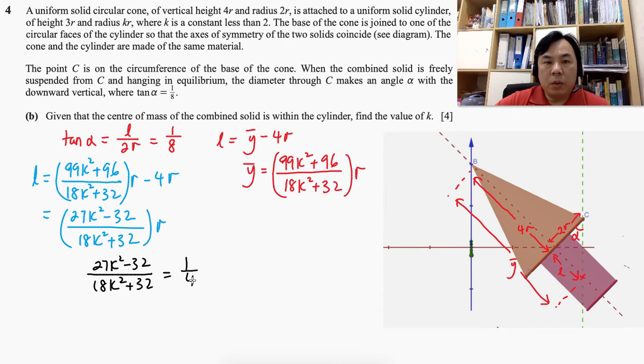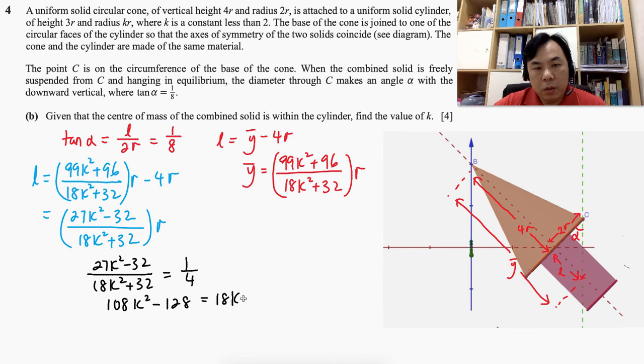Then if I bring my 2 over there, it will be easier to calculate. You will notice that this will be 108k square, 128 equal to 18k square plus 32.